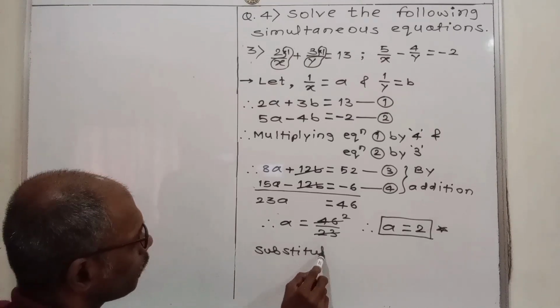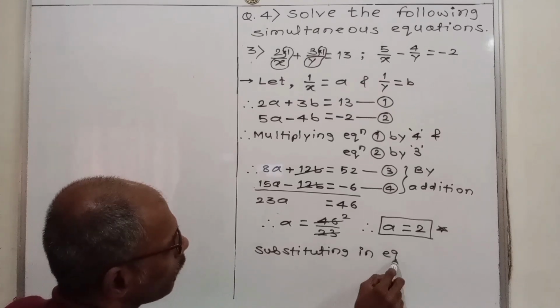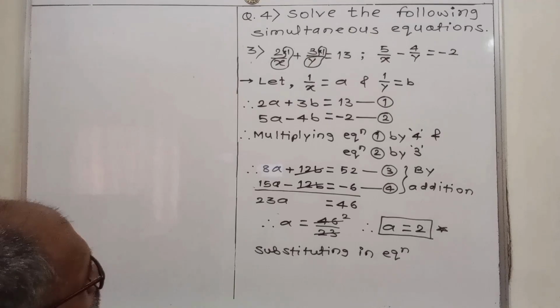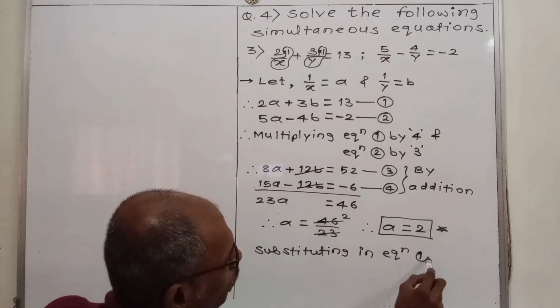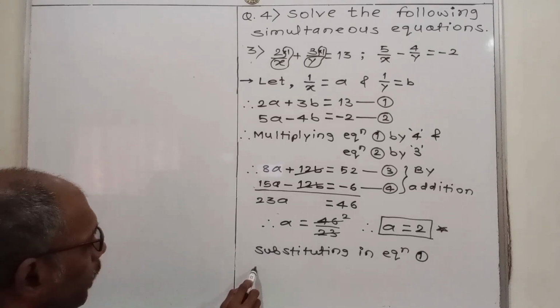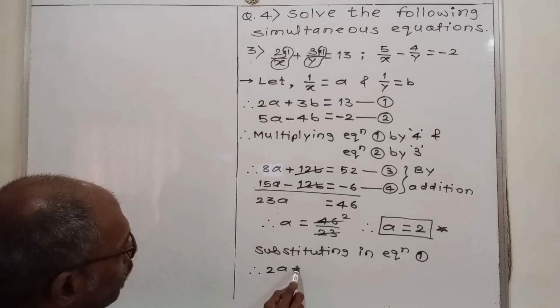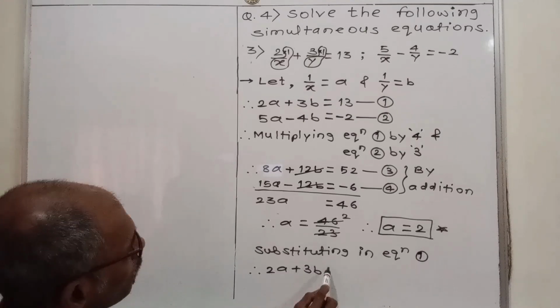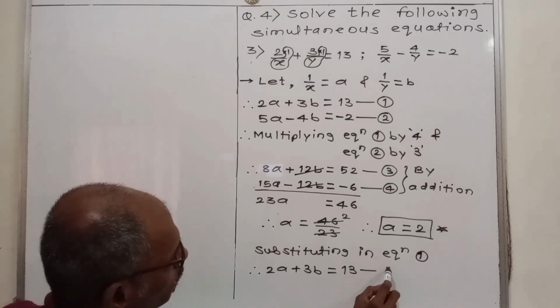Now substituting in the equation which is simple, we take equation 1. Therefore 2a plus 3b is equal to 13.